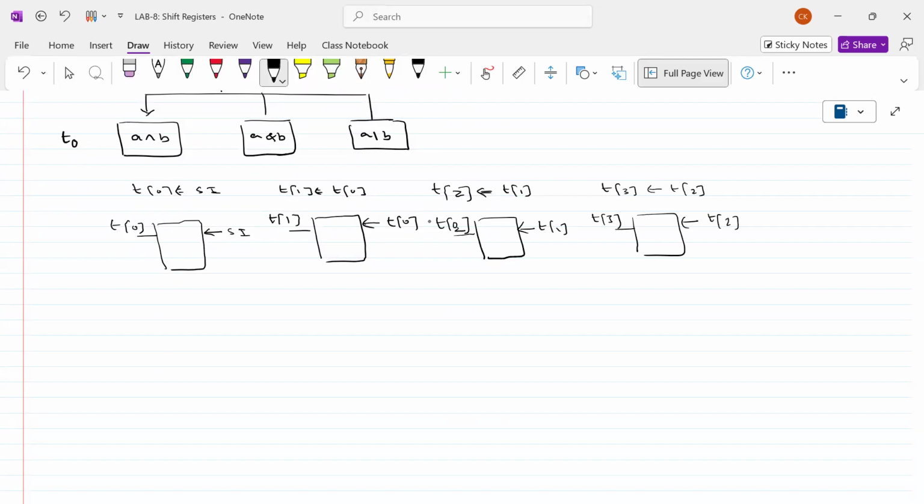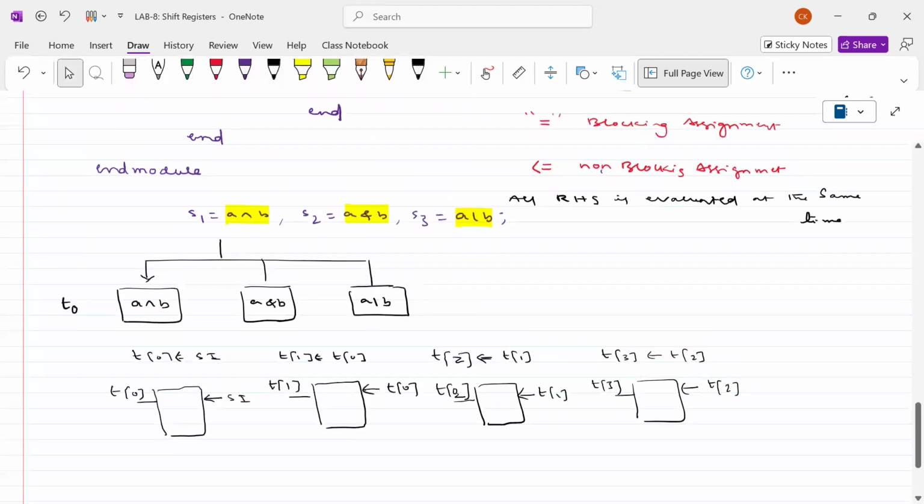We have four D flip-flops. Based on the order, the values are assigned to the flip-flops. Therefore, the synthesis tool will realize this effectively. I hope the point is clear, right?